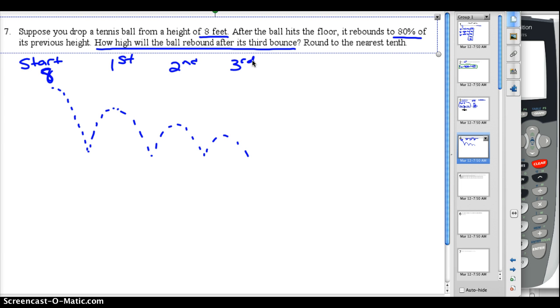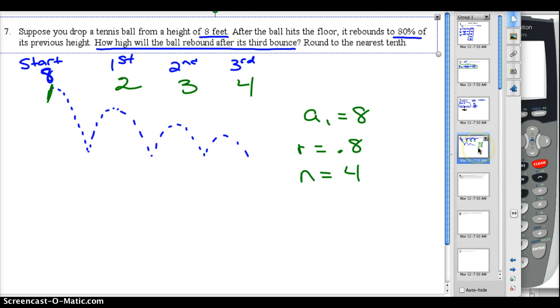So when I'm looking at my series of numbers, I really want to treat this like the first number, and the second number, and the third number, and the fourth number. So what I'm going to say is that our first term is 8, even though it's not our first bounce, it's the first number in our pattern. Our common ratio is 0.8, and the number of terms we're going to look at is 4.